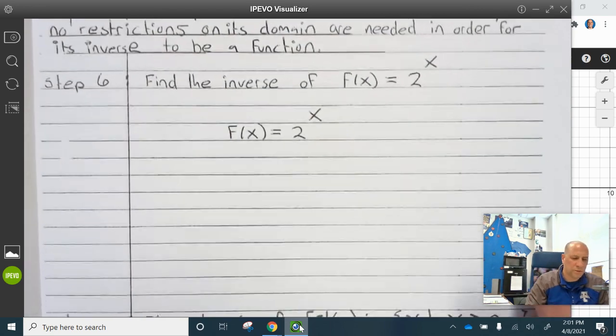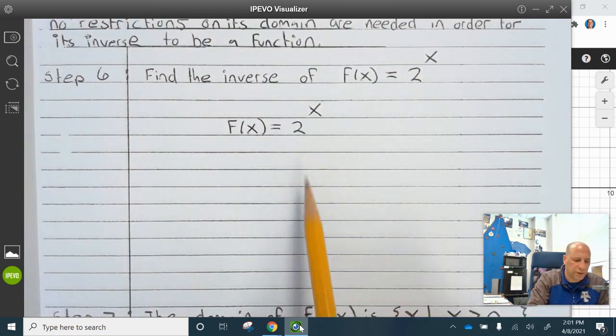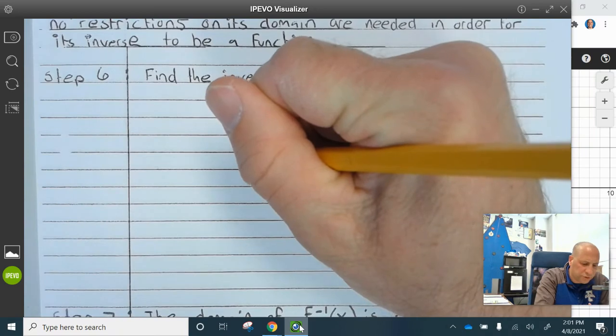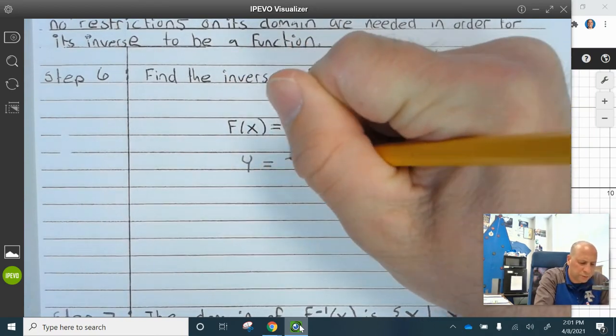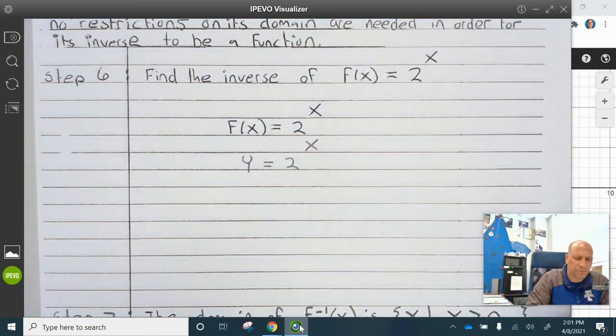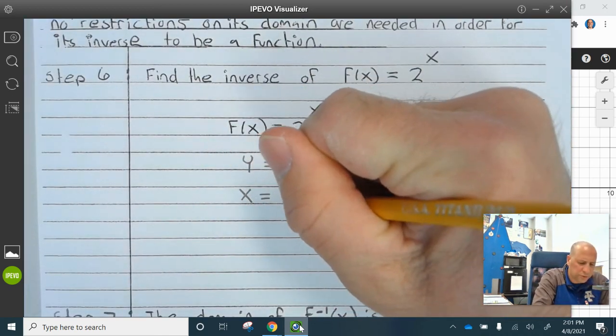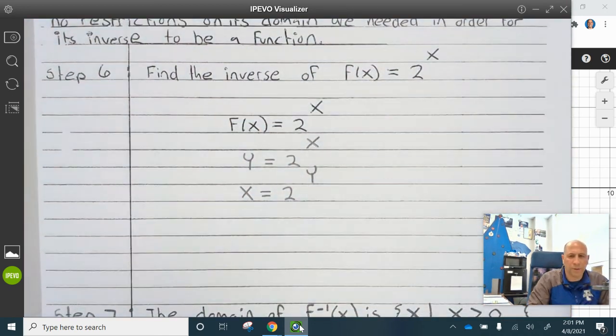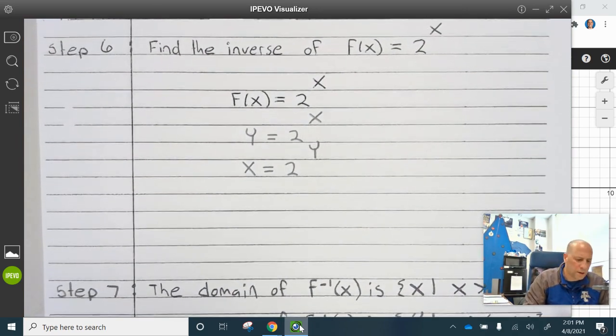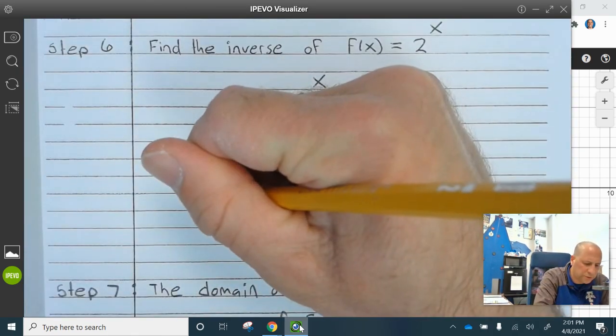Step 6, find the inverse of f of x equals 2 to the x. First off, we have f of x equals 2 to the x. Your first step is you change f of x to y, so you have y equals 2 to the x. Then you switch x and y, so x equals 2 to the y. Now we need to take log base 2 of both sides.